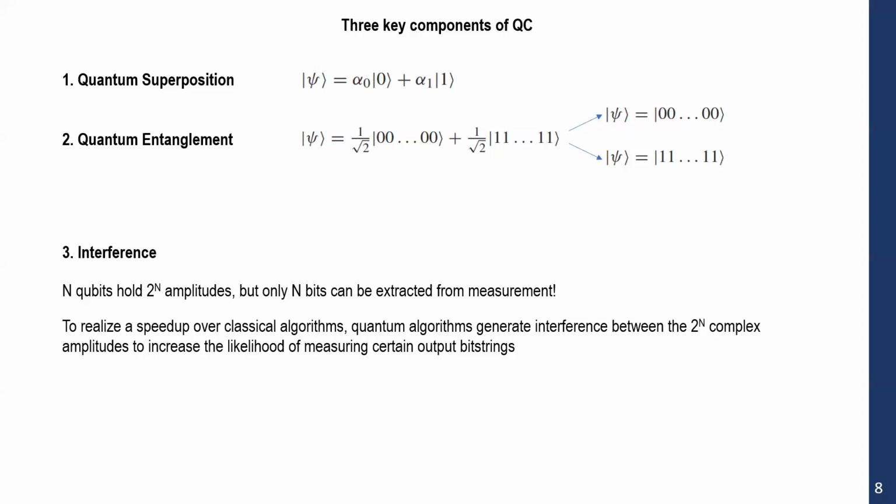And in order to get the information in an appropriate way, we design quantum algorithms, which are basically a sequence of manipulations that we do with the qubits in order to achieve the constructive interference that leads to the desired answer, basically, right?